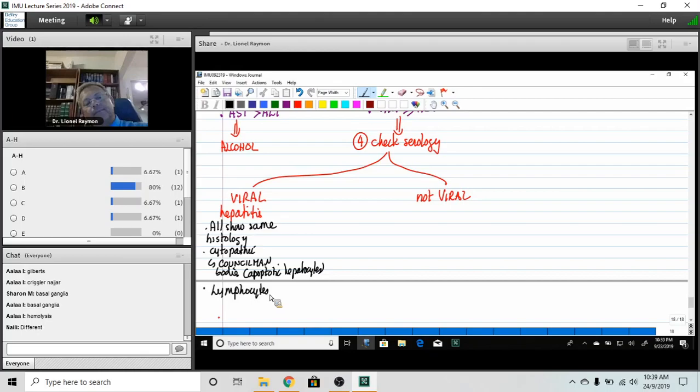Now, if it's chronic, remember that you see limiting plate necrosis. So just on the surrounding of the hepatic lobule, right? So that's why we need to have the serology to make the difference, because histology-wise, they all look the same.